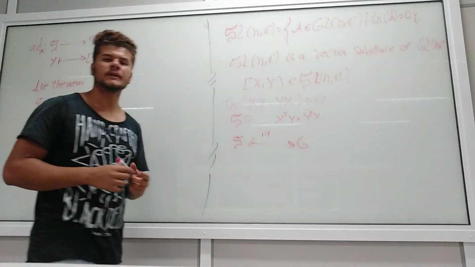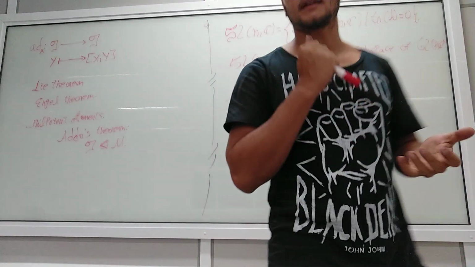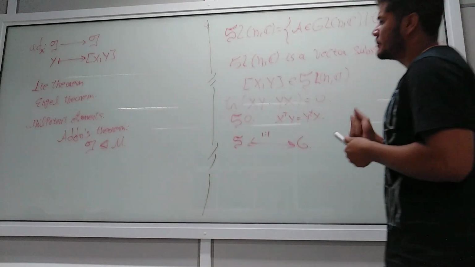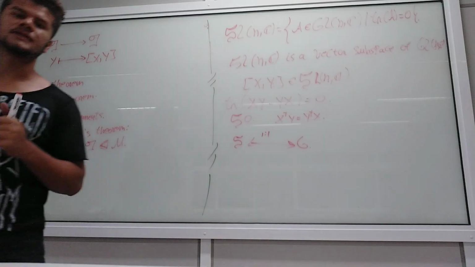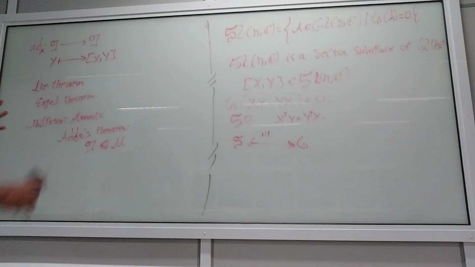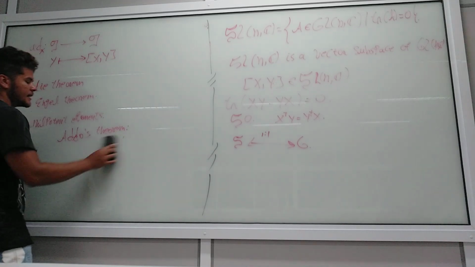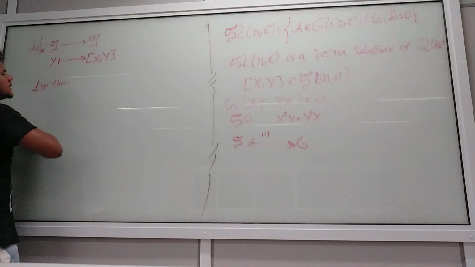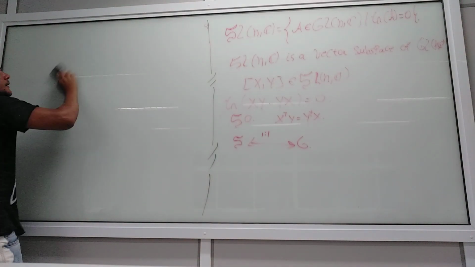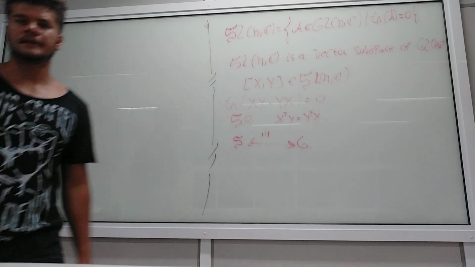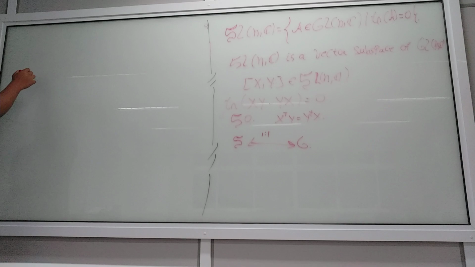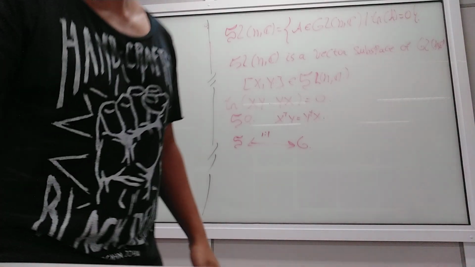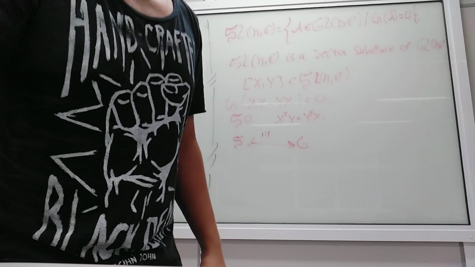It's a very deep result in Lie theory, but it's very hard to prove, and we're not gonna make the proof of this theorem because it's very hard. But we can define one strategy to classify all semisimple Lie algebras in the next video.